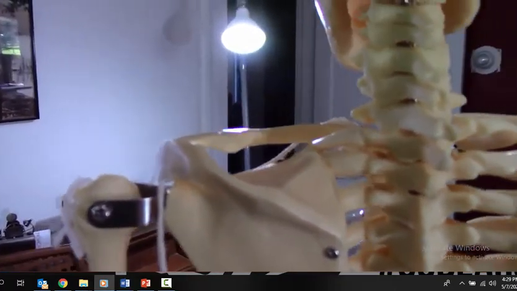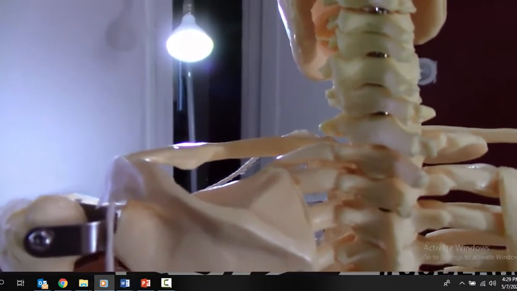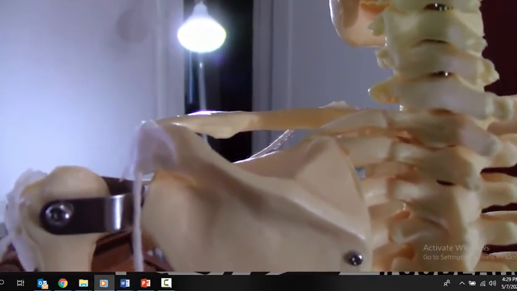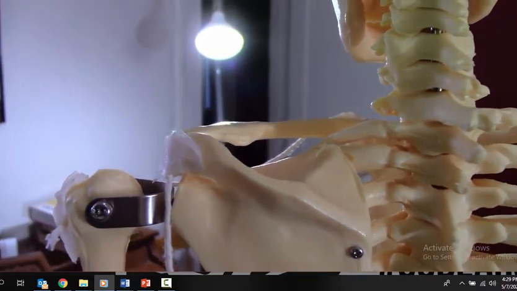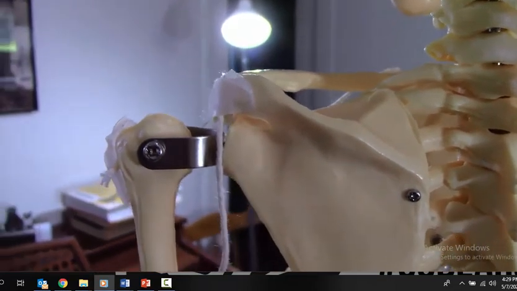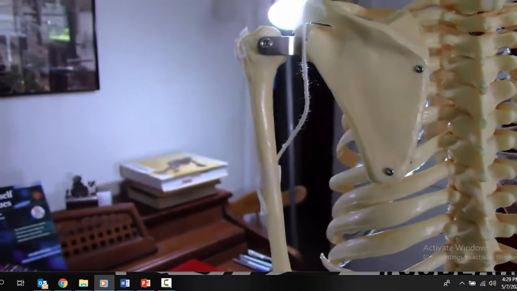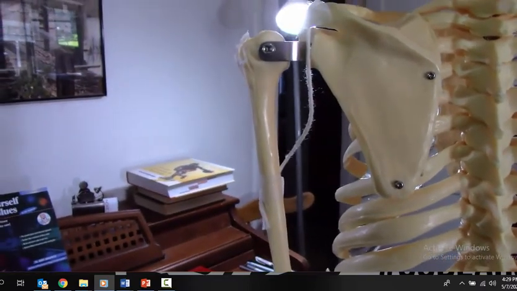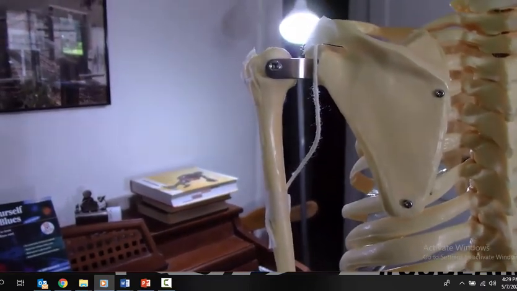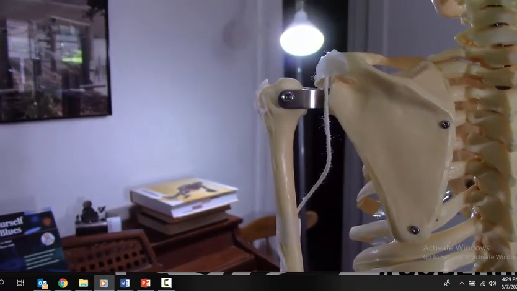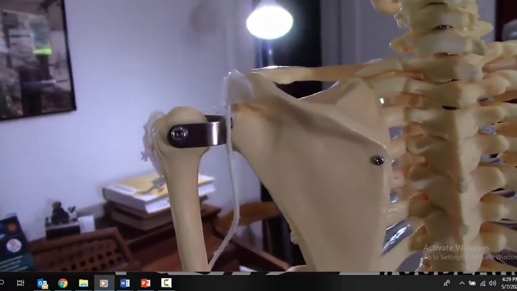The deltoid muscle originates up there on the acromial process of the scapula, also a little bit on the spine, and then it goes down and inserts on the deltoid tuberosity of the humerus, which is a little bit in the front. Okay, so this would be what?